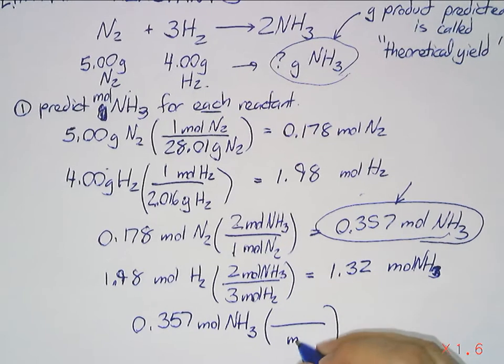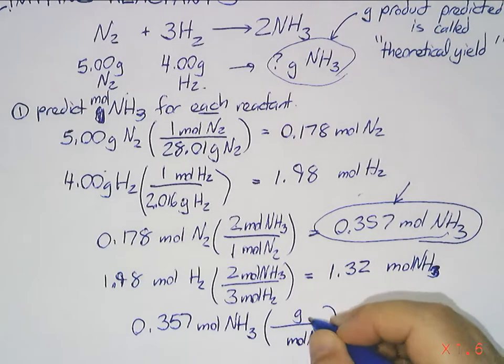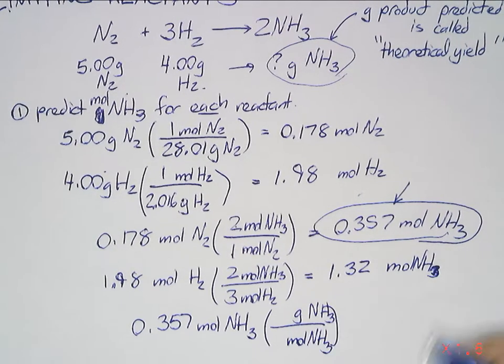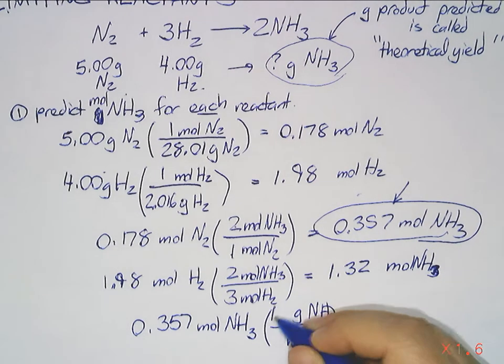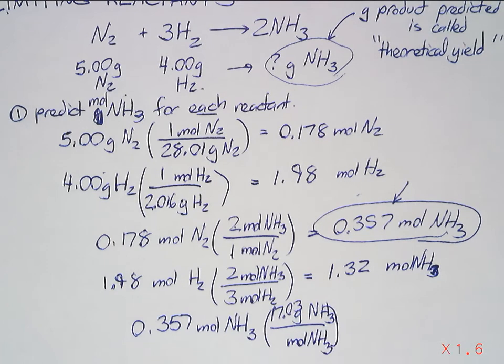I guess to turn this into grams, I am going to need a molar mass. So nitrogen is like 14.00 something, and then hydrogens are 1.008. 3 times that is like 3.03 plus 14 is something like 17.03 grams of NH3.